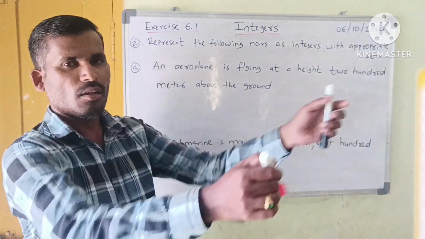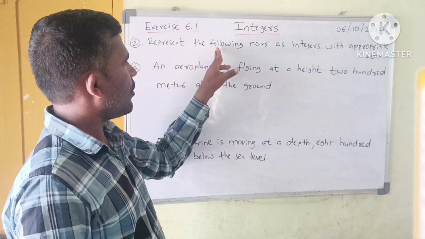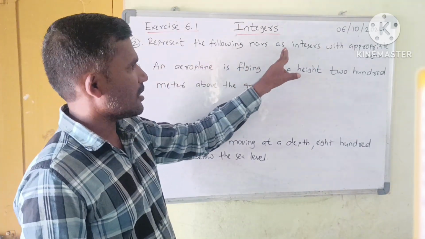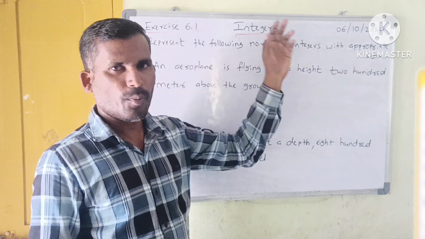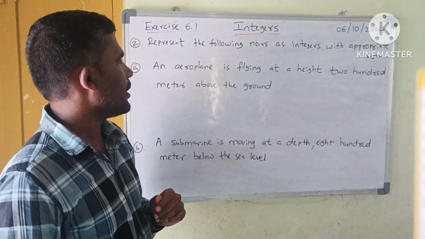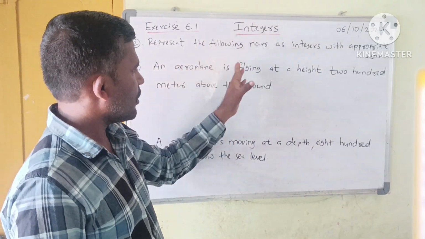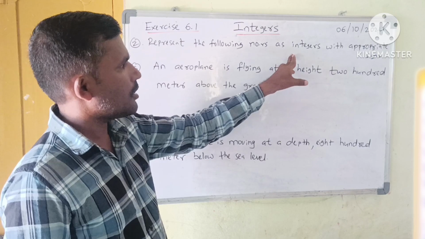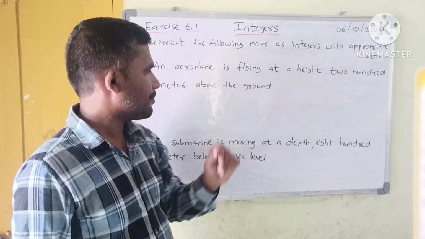Okay. Now the second one. Represent the following numbers as integers with appropriate signs. Appropriate signs means plus or minus only. So we have to write the integers with the appropriate sign, plus or minus.